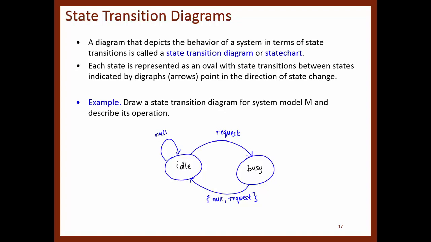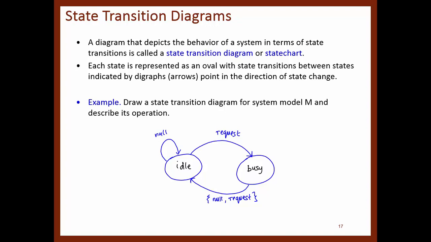So for example, we can draw a state transition diagram for system model M and describe its operation. The ovals again are representing the states of the machine, so we have two states in this case. Then we can see the connection between the changes in state. This arrow staying in the same state represents that if you receive this type of input, nothing is going to happen.